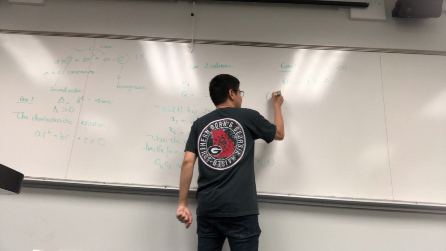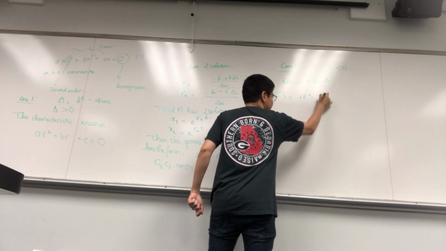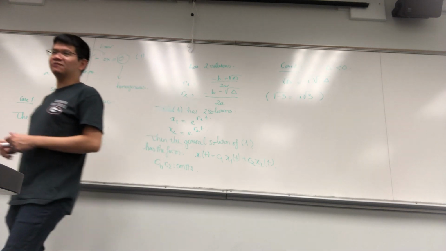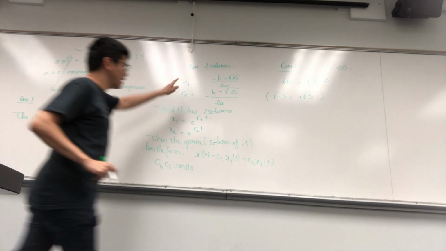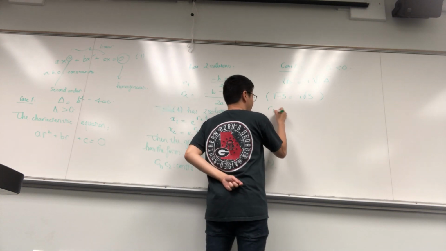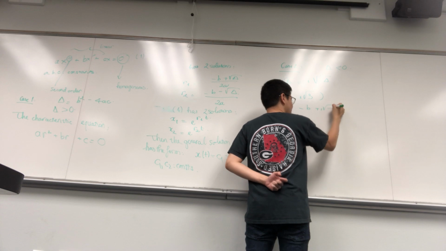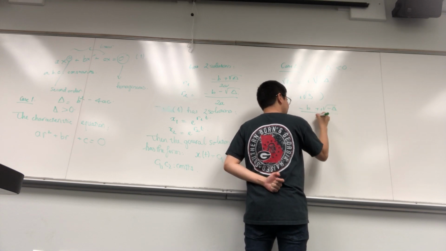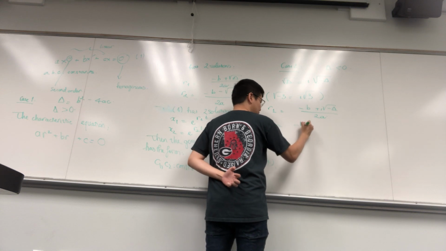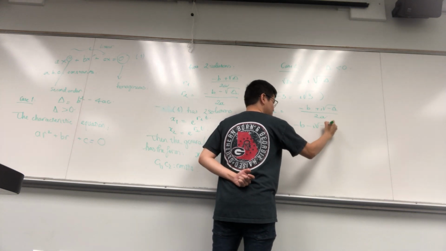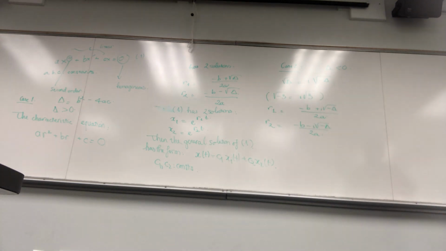This is like when you take the square root of minus 3, you take the square root of 3 and multiply it by this number i. So in this case, R1 will be minus b plus i times the square root of delta divided by 2a, and R2 will be minus b minus i times the square root of delta divided by 2a. All right?